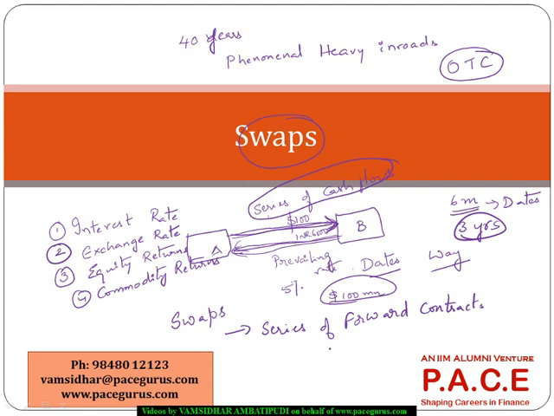So forwards and swaps bear a lot of similarities, except that a swap can be visualized as a series of forwards, and in the majority of swap cases it's only the cash flows that get exchanged, whereas in the case of forwards there could even be a delivery of the underlyings as well, right?